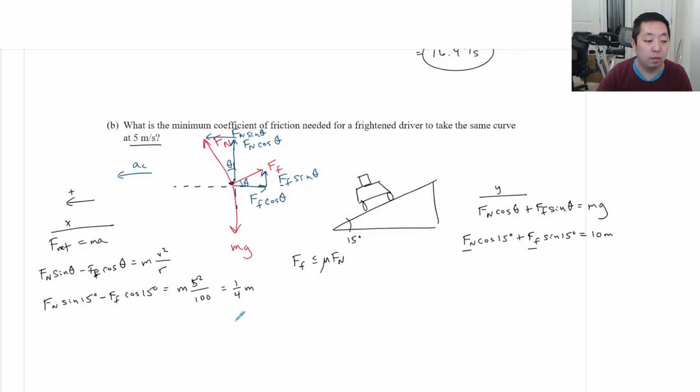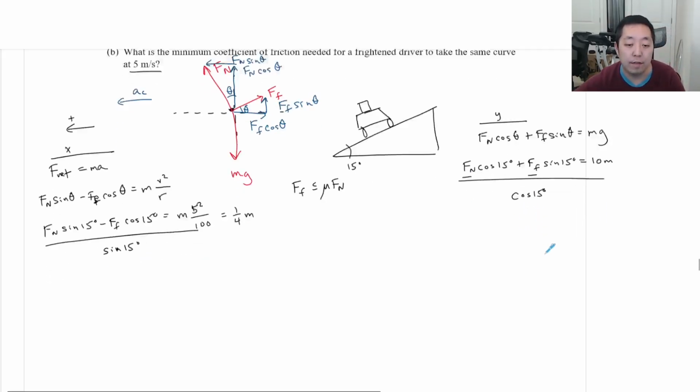So I'm going to divide the first of these by sine of 15 degrees and divide this one by cosine of 15 degrees, okay, to get the Fn by itself.